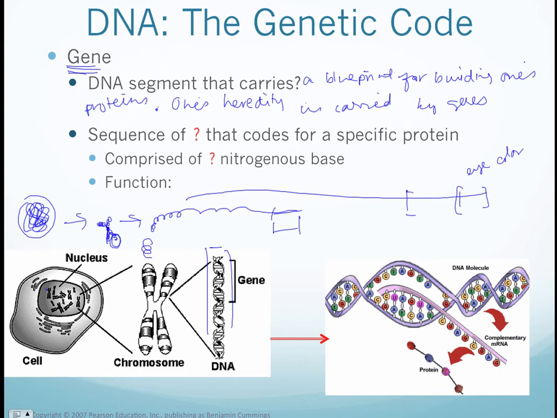This one can also code for eye color, but maybe let's say this one will code for brown, for those of you who have brown eyes. This one would also code for eye color, but let's say it's blue. Okay, here we can say it's green. And then say hazel or whatever it is.